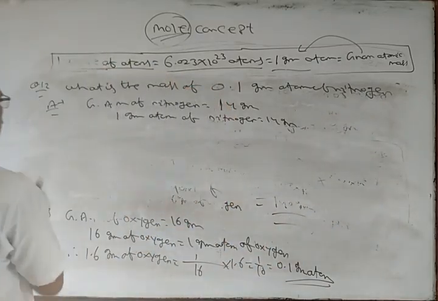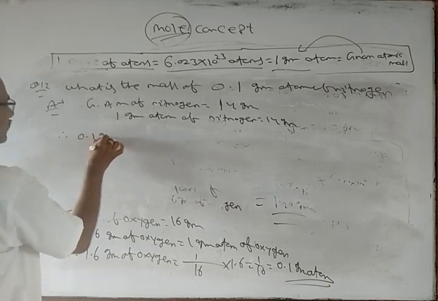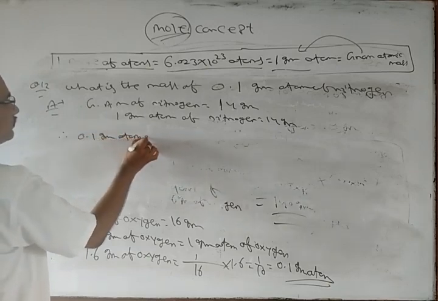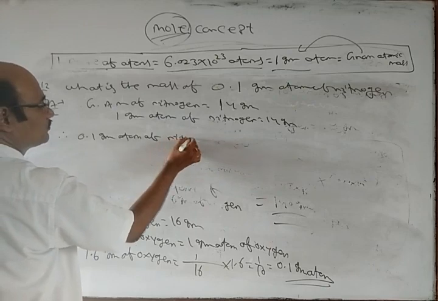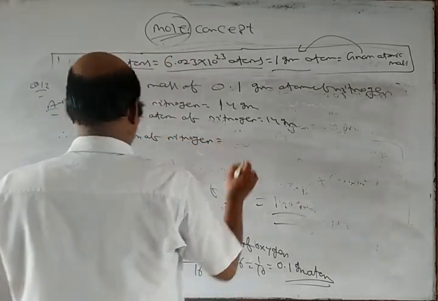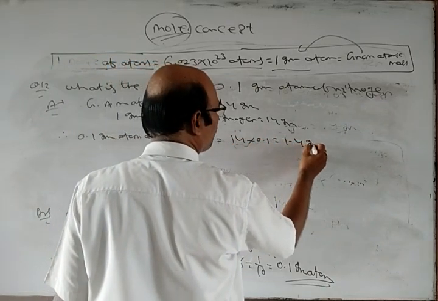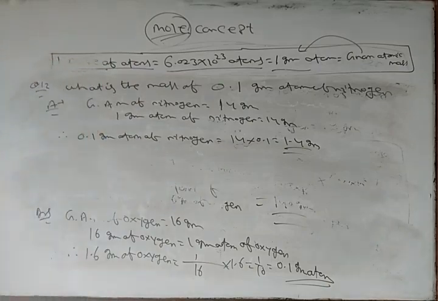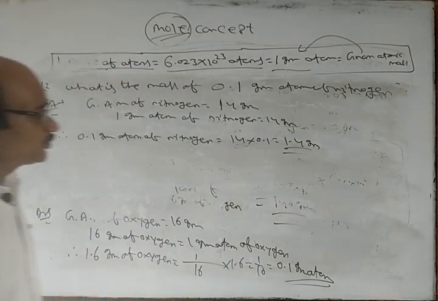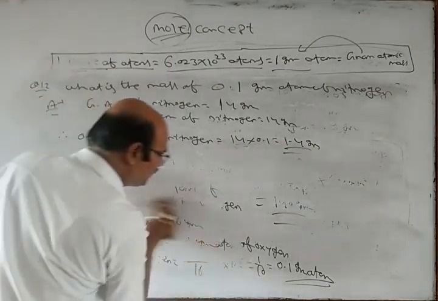Therefore 0.1 gram atom of nitrogen equal to what? 14 into 0.1 equal to what? 1.4 gram. So 0.1 gram atom of nitrogen equal to what? 1.4 gram.